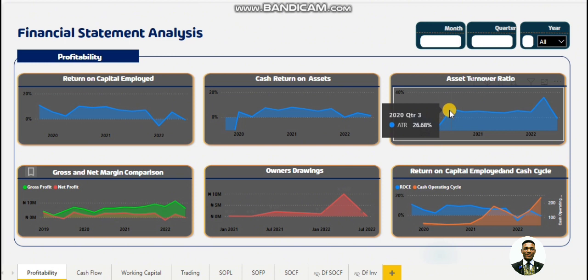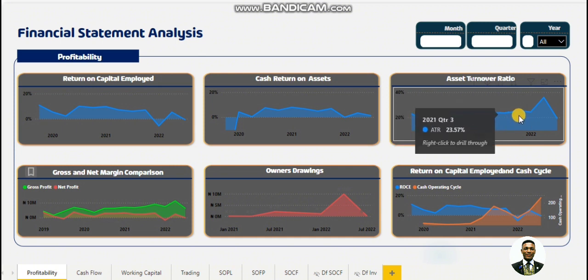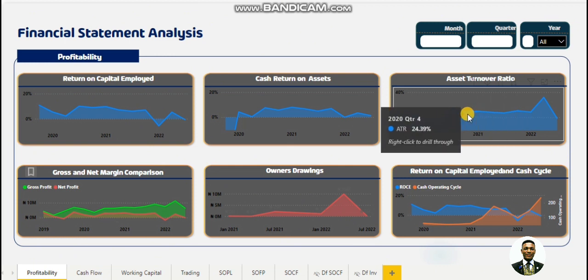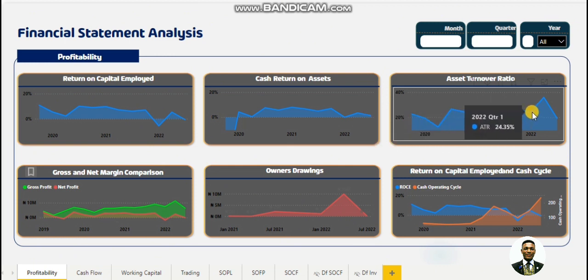But then after that period, we see an increase to 26.26% in the third quarter of 2022, and this remained fairly stable until the first quarter of 2022. Remained stable around 26 to 24%, and then after the first quarter of 2022, we saw a significant rise in the second quarter of 2022, but then a decline in the third, clearly showing that the business had been able to maintain a stable level of income after stabilizing.